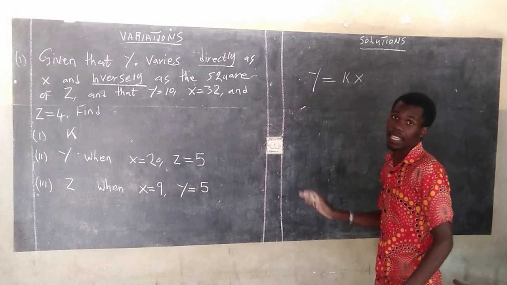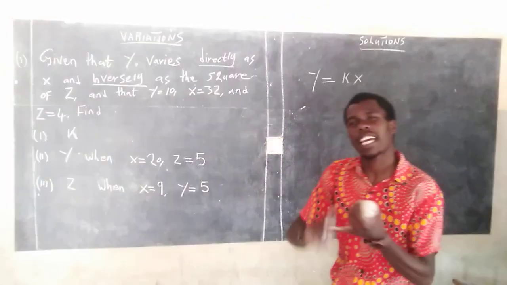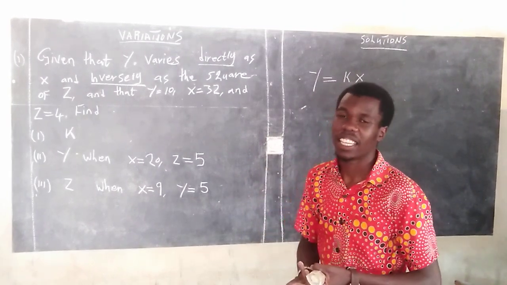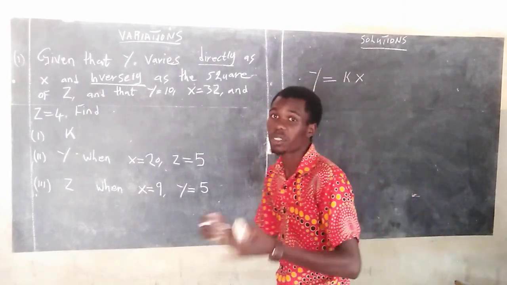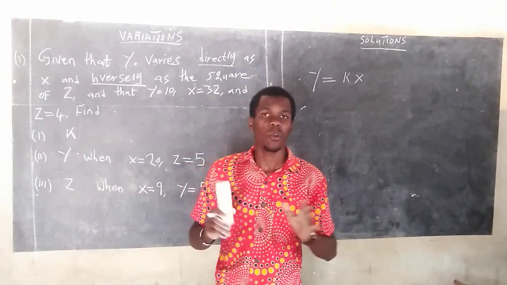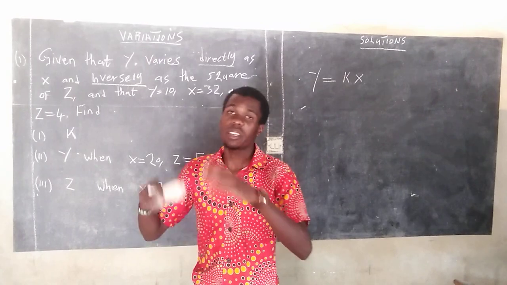So k is always there, whether it has been mentioned or not. It's like gravity, it's constant. Whether gravity has been mentioned when you are dealing with work, energy and power, gravity is always 10.